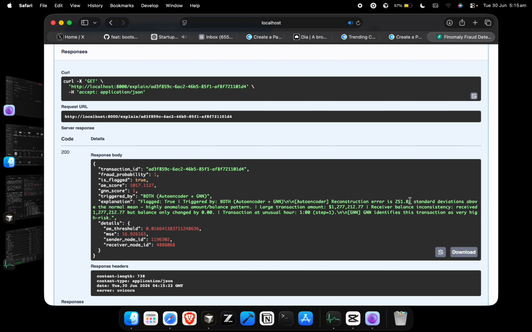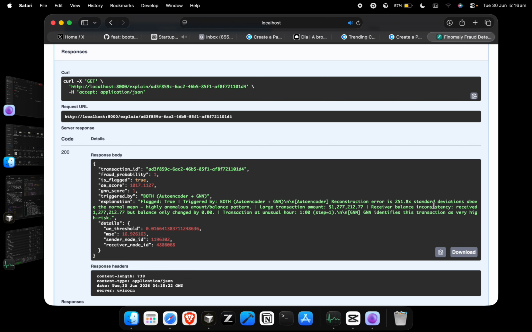Why? The reconstruction error is 251.8 times the standard deviations above the normal mean. It's a highly anomalous amount or balance pattern. It's a large transaction amount, $1.2 million.